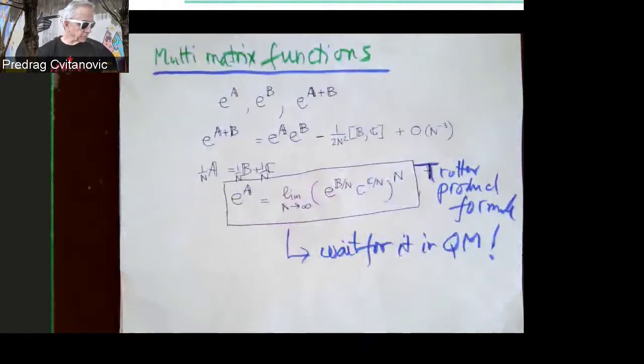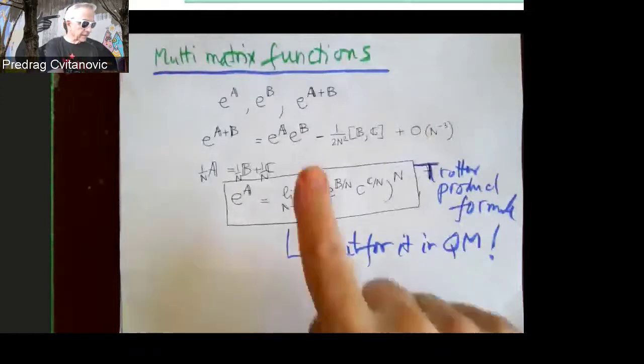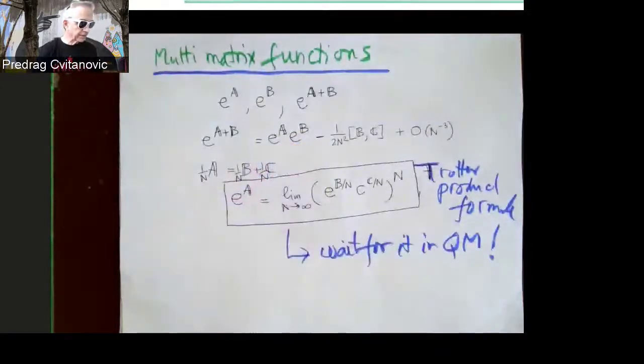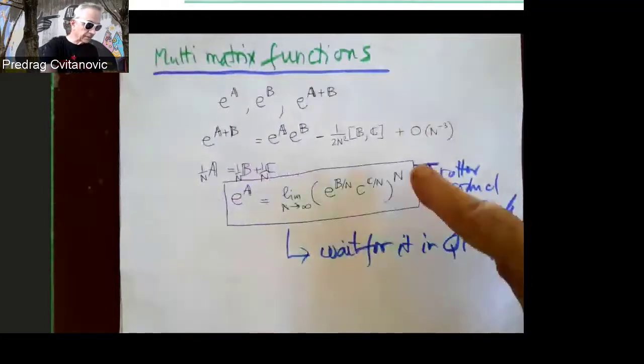Let's look at a situation where we don't look at A and B, but we divide them by some large number n. So they're just small corrections. In that case, when we insert this in a formula, which says that the exponential of A plus B is the Euler product, and we replace each term in that Euler product, we can drop the extra terms.